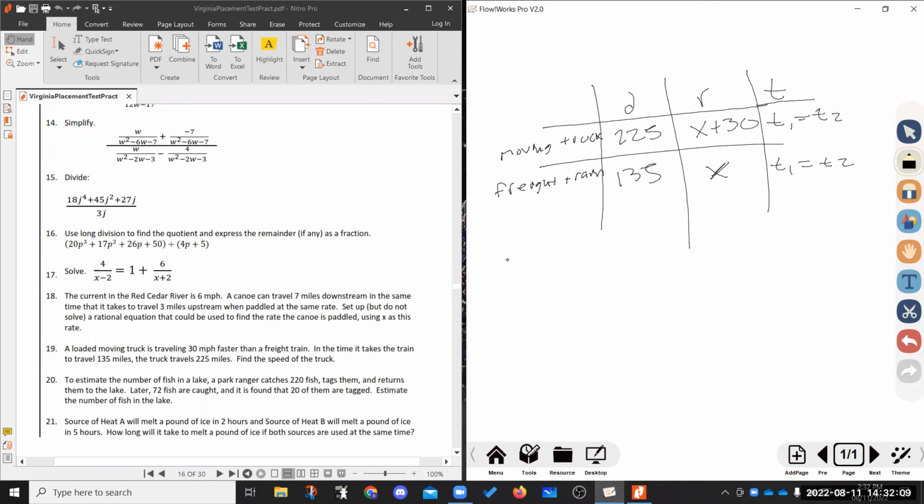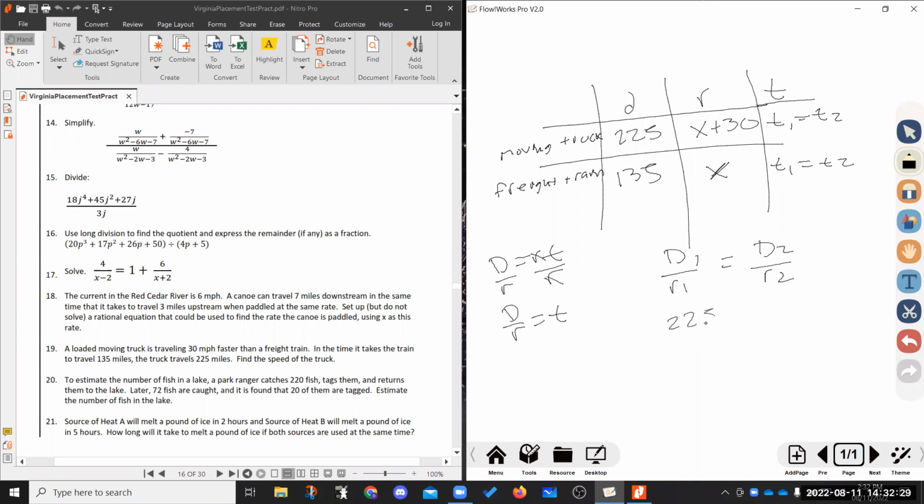Now, we already solved just a second ago that T is equal to D over R, but let's solve that again. So I'm going to have D1 over R1 is equal to D2 over R2 here.